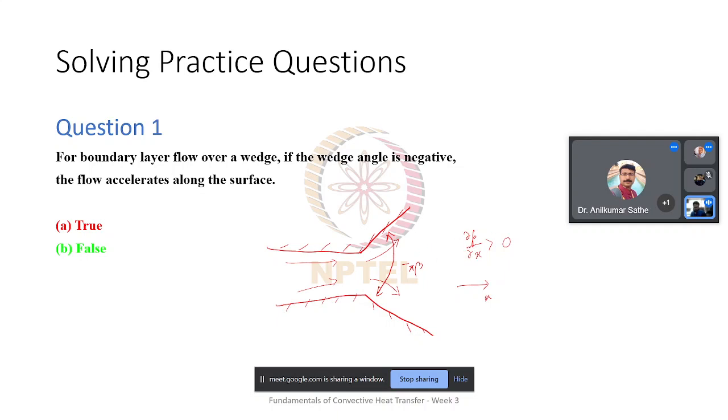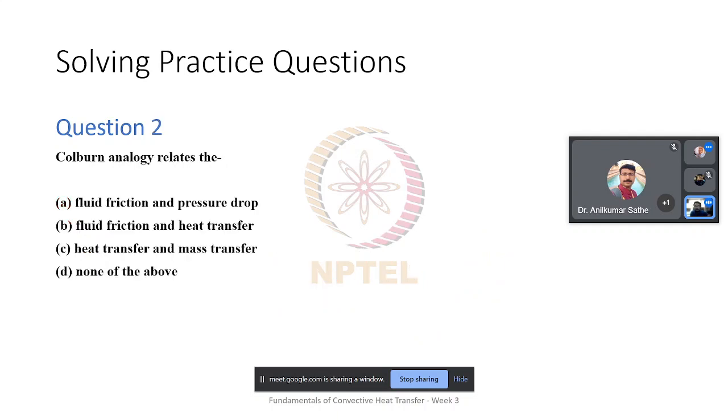Due to this there will be effectively a deceleration of the flow, and there might be flow separation as well. So as relevant to the question, the statement given is false. The flow does not accelerate along the surface, rather it decelerates. That is why it is false. I hope that clears things up. We will move on to question number 2.